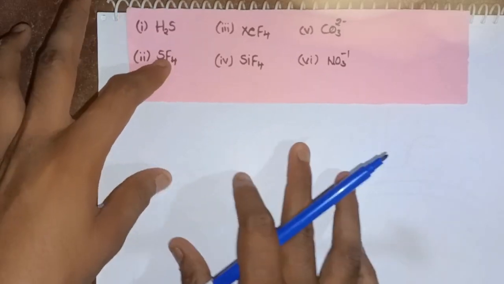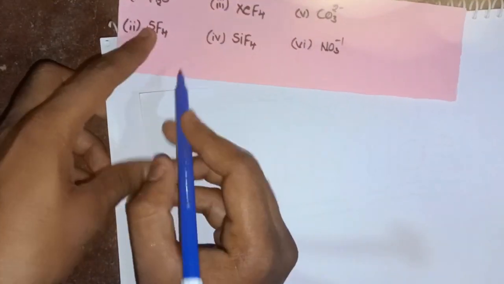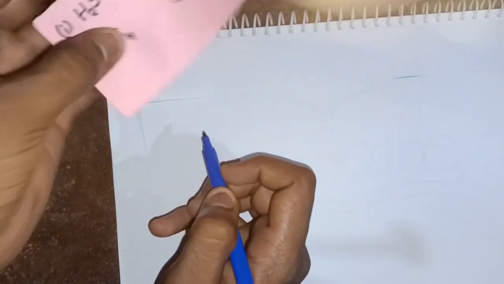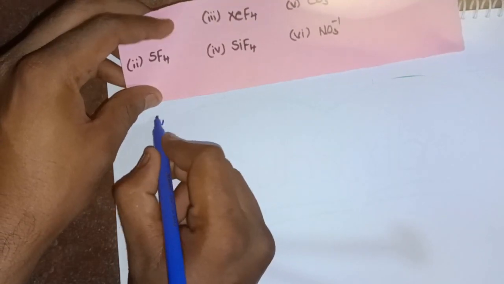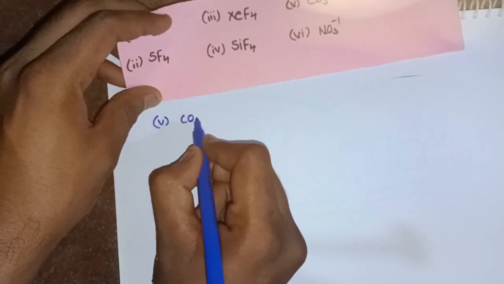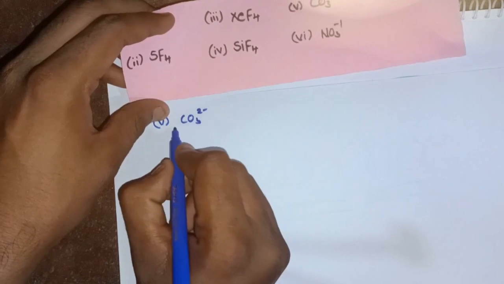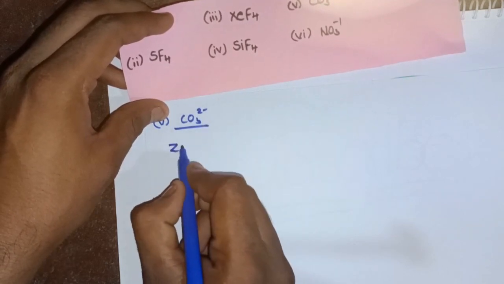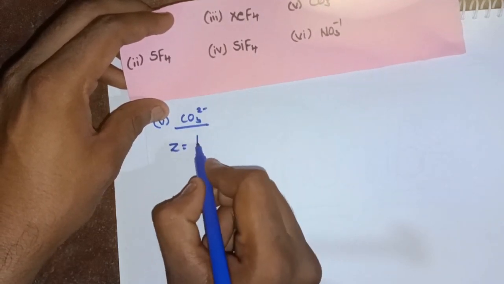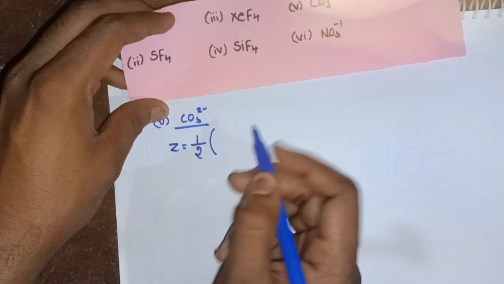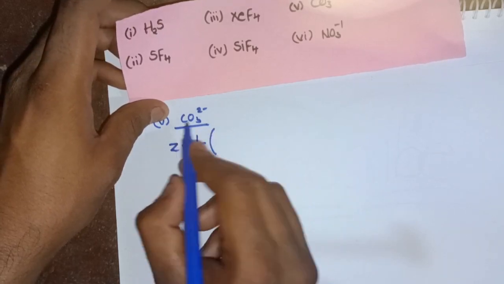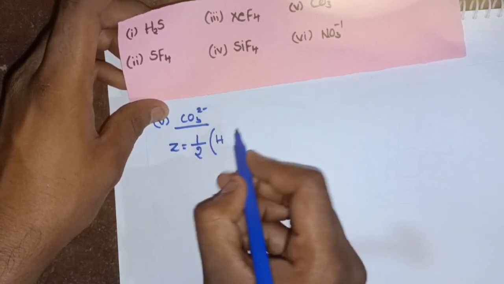Let us see the hybridization for the fifth example, that is CO3 2 minus. Here Z is equal to half into the number of valence electrons of carbon, 4.